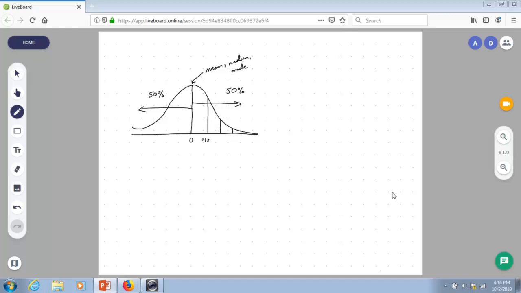So on the right of the distribution, you have positive standard deviations going left to right from the center. You see increases occurring, and then on the left, you have inflection points as well, and these will result in negative standard deviations. So from the center going right to left, you see a decrease of standard deviation units occurring.